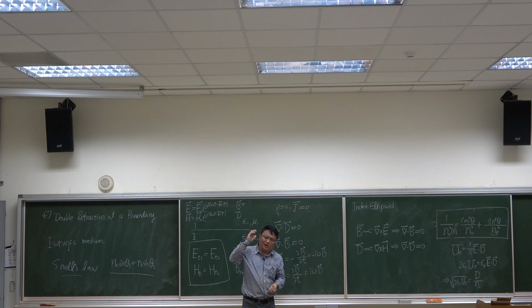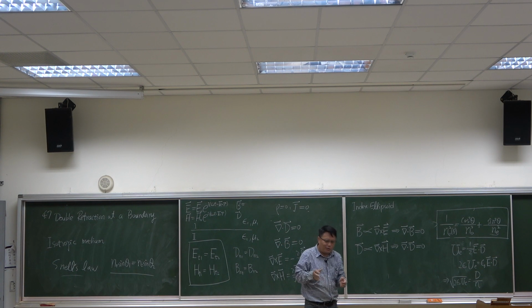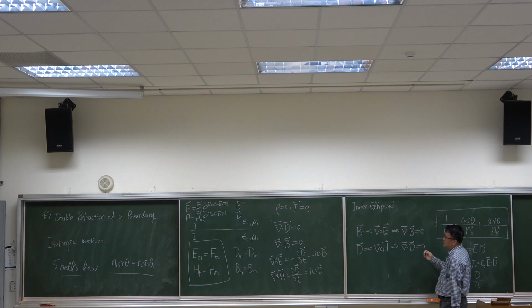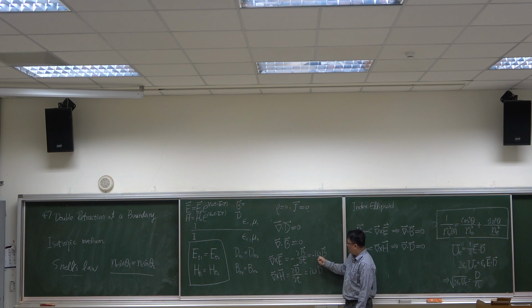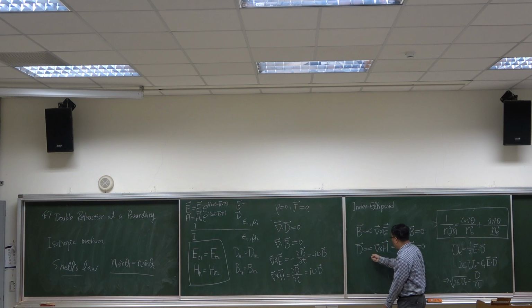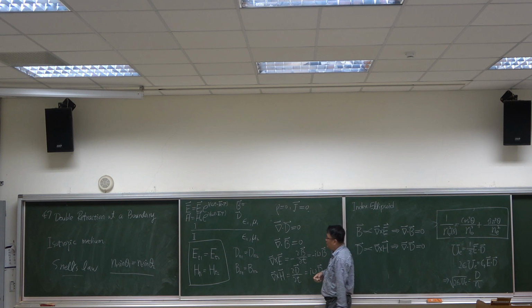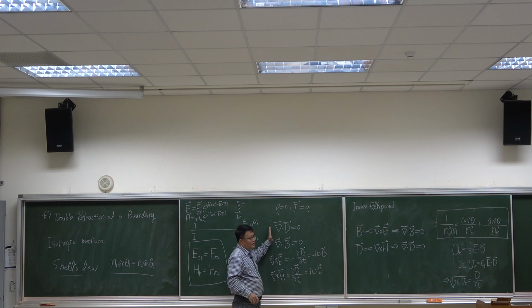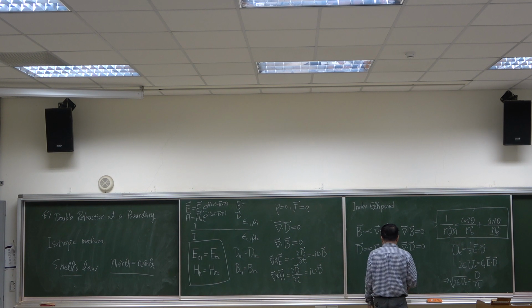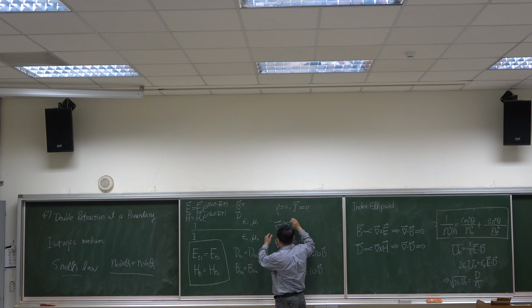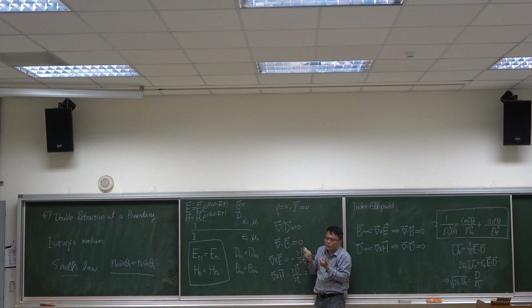If we consider only one omega wave, which means the monochromatic single frequency wave, we have this relation: B proportional to curl E and D proportional to curl H. So according to this result, we find divergence B and divergence D are equal to 0. So these two equations are redundant, 多余的, so any boundary condition derived from them is also redundant.